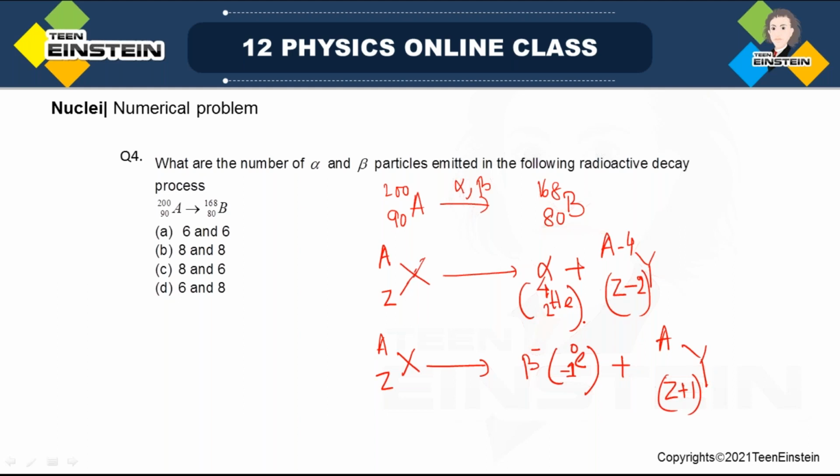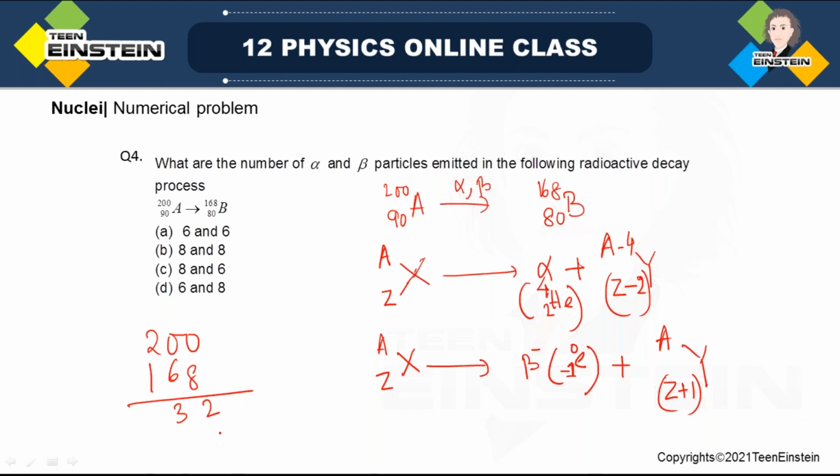Now, how many alpha particles are emitted? That can be easily understood from the difference of the mass number. What is the mass number difference here? 200 minus 168 is 32.